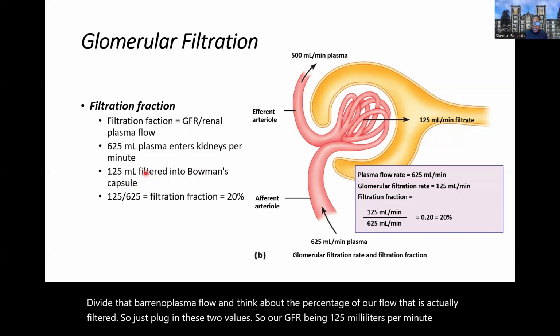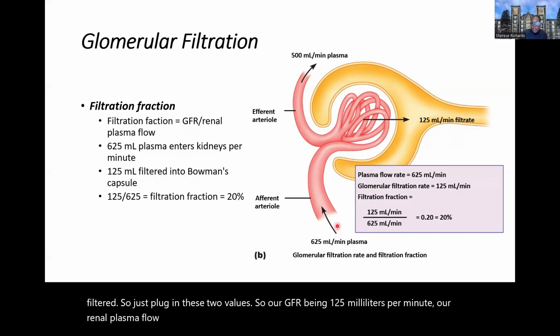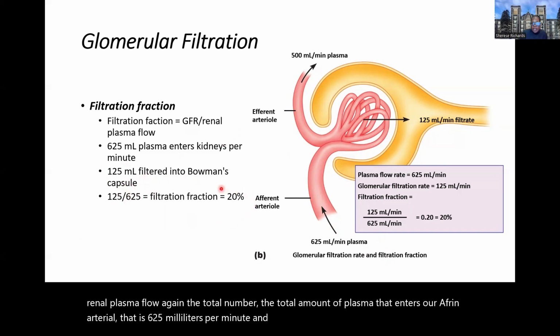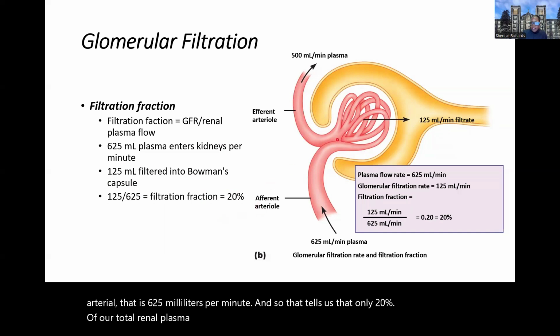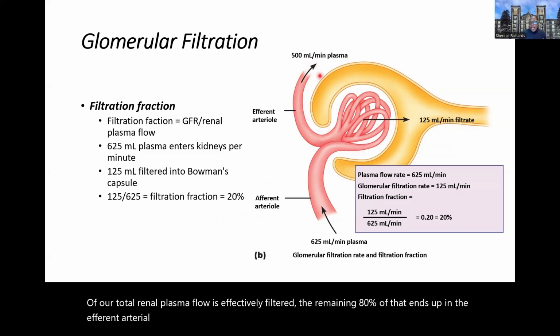Our renal plasma flow, again, the total amount of plasma that enters our afferent arteriole, that is 625 milliliters per minute. And so that tells us that only 20% of our total renal plasma flow is effectively filtered. The remaining 80% of that ends up in the efferent arteriole and moves its way into the peritubular capillaries.